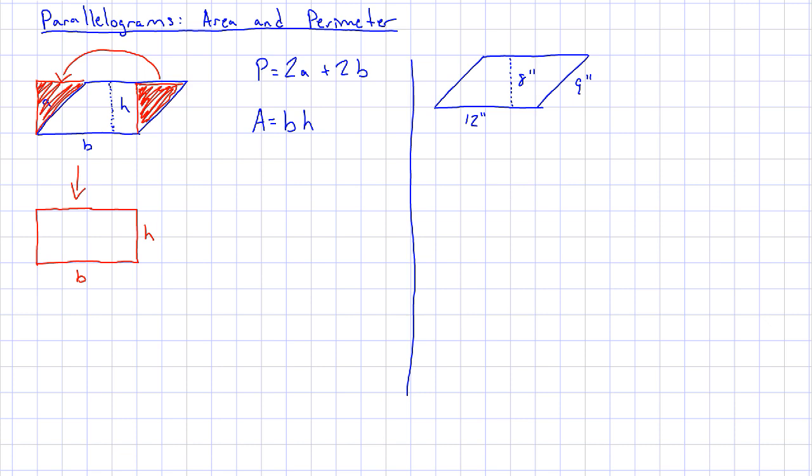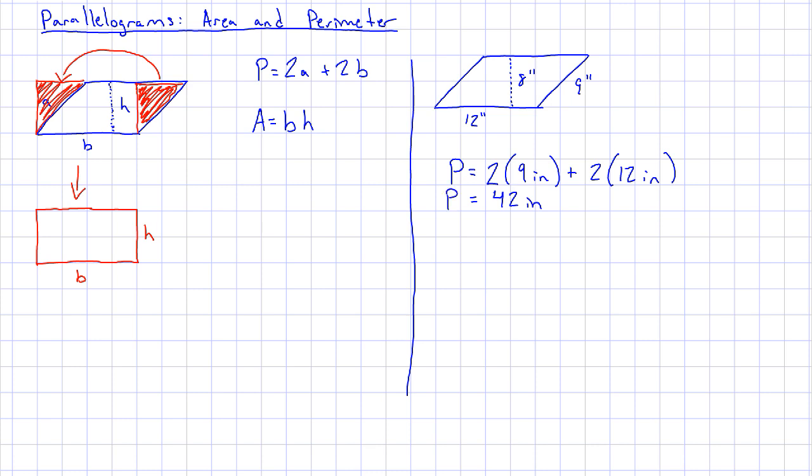So the perimeter is going to be 2 times my side length 9 inches plus 2 times my base length 12 inches. So that should be 42 inches.